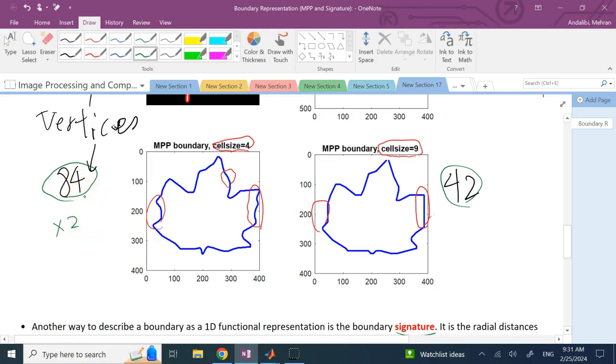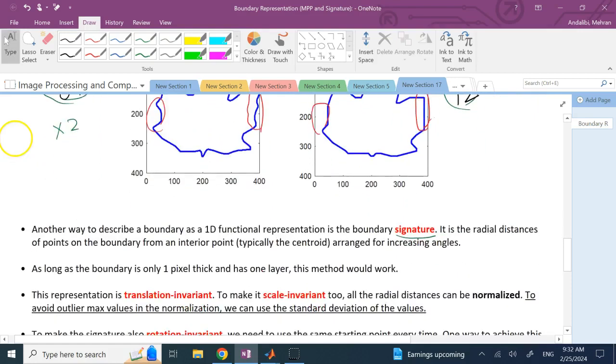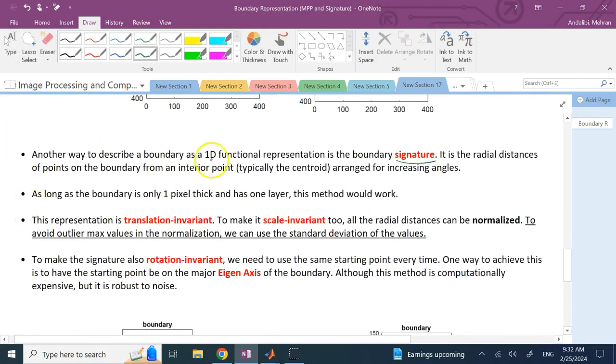Or if you want this accurate one, this is that one times 2. Still not bad, but it's a 2-dimensional representation of the shape. One thing you can do is use a 1D representation for a profile. Really? How? If you use a polar coordinate, if you describe the radial distances of different points on the boundary from an interior point, typically the centroid, arranged for increasing angle.